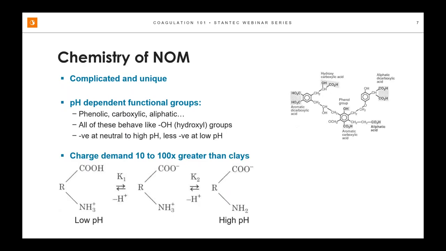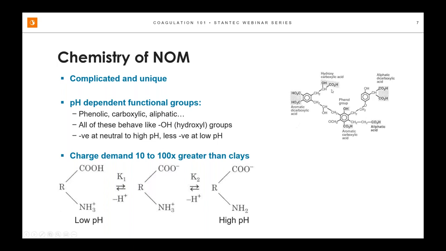Similar situation with NOM. The natural organic matter in each water supply is unique. It's very complicated. This is a conceptual sketch of a humic acid type molecule, and it doesn't really matter what it looks like, except it's big and it has a lot of different functional groups in there.